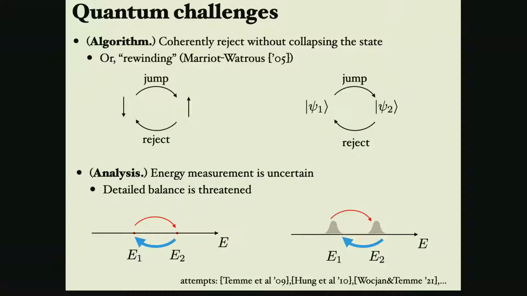As of today, these two challenges have avoided lots of previous attacks on Gibbs sampling. That's why this problem is hard.